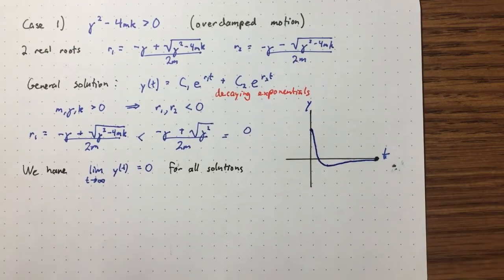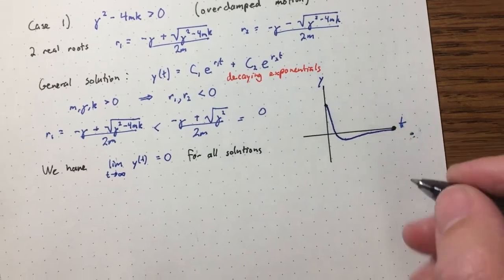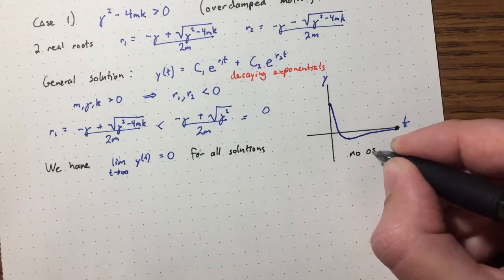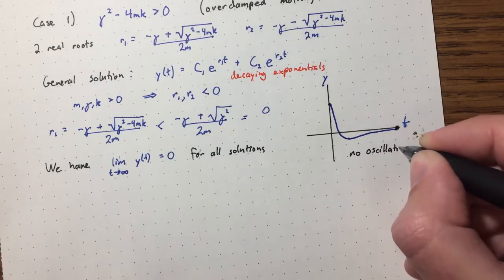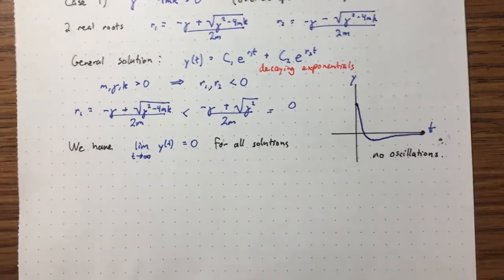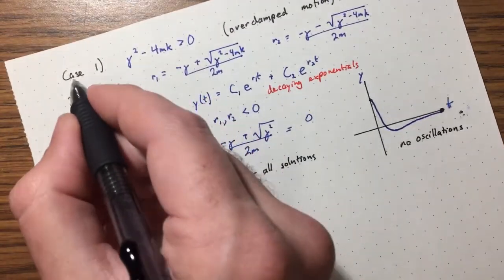So nothing too exciting. That's an example of overdamped motion. In particular, we have no oscillations. Okay, so that's the overdamped case.